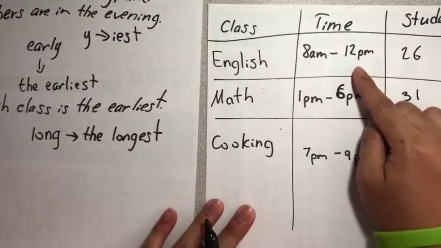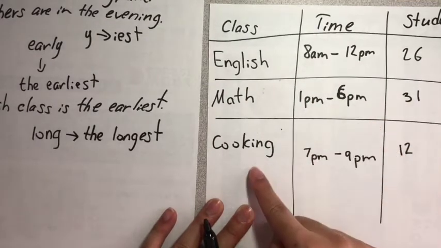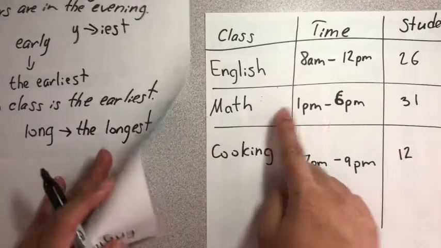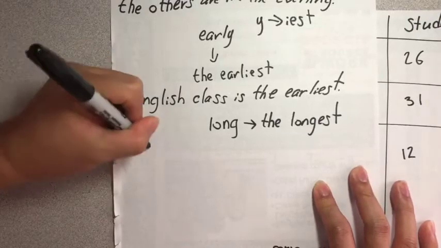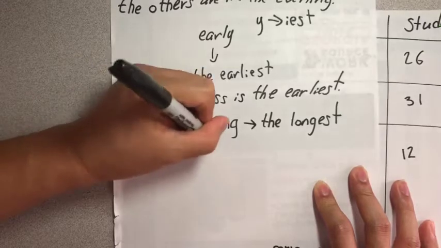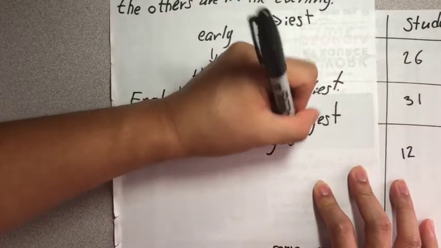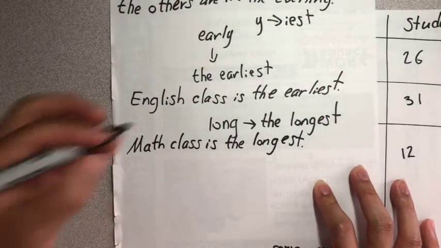English class is 4 hours long, math class is 5 hours long, and cooking class is 2 hours long. Math class is the longest.